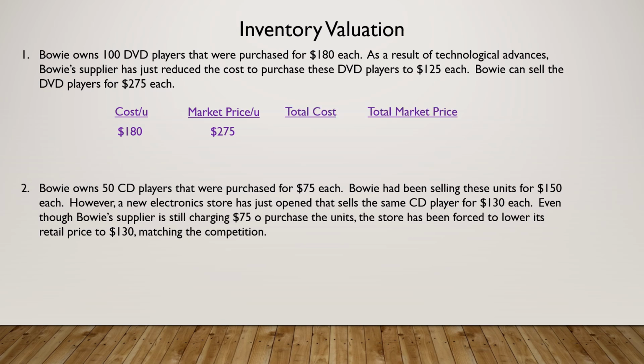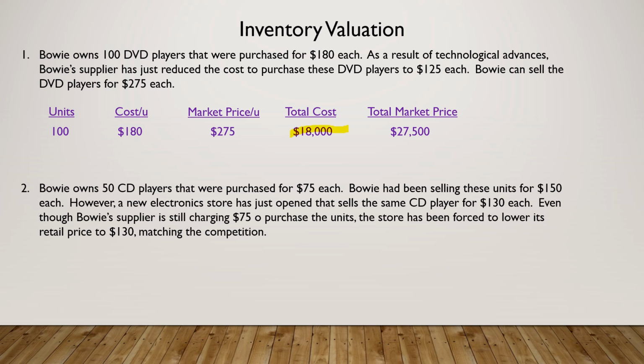Multiply our 100 units by 180 to get a total cost of $18,000. Do the same but with 275 to get a total market value of $27,500. Lower of cost or market says that we use the lower of these two numbers, $18,000 in this case, to value our inventory.